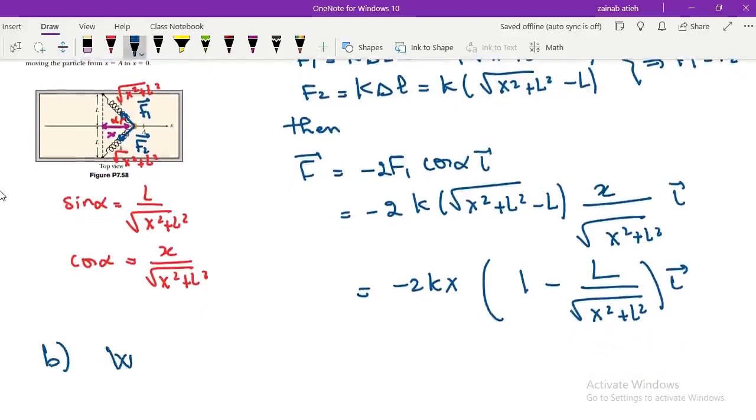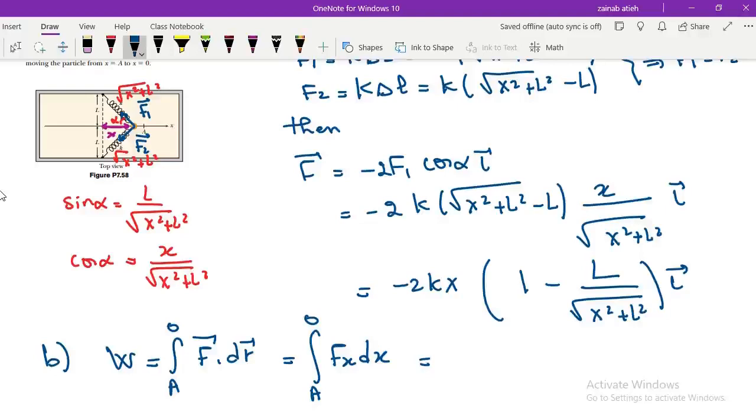The work is equal to the integral from a to 0 of F dot dr. Because we are moving along the x-axis, it's Fx dx from a to 0, so dr is dx i. And F, you can see it here, we only substitute for Fx as it is.